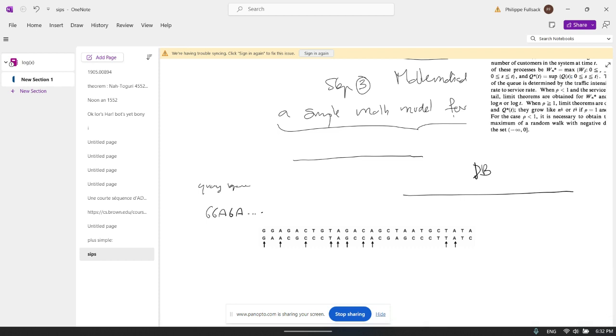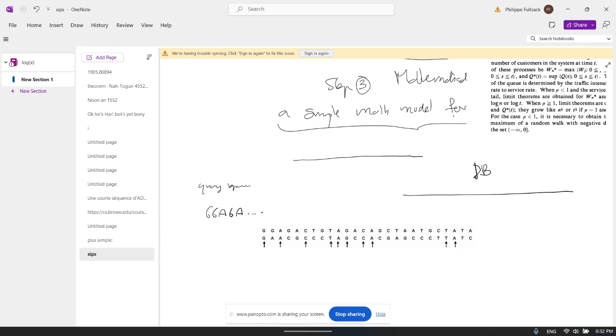The top one would be the database sequence, and the bottom one would be the sequence that you want to query. What you want to do is analyze the similarity, and align the bottom sequence with the top sequence.